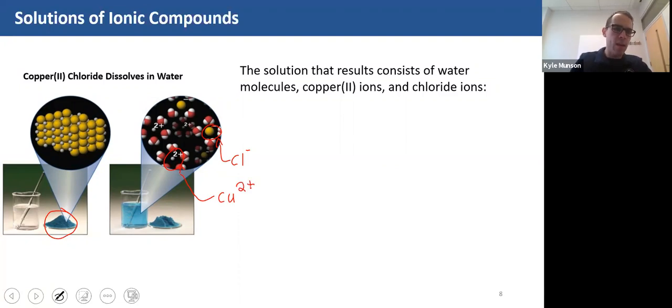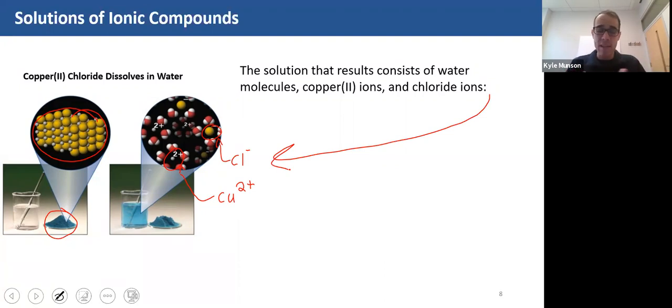So again, you start out with a salt or a compound like this, and those ions are taken away and completely surrounded by these water molecules. And so you get these isolated ions floating around in solution. So again, this is what we end up with in solution. And for a lot of these things, you get really cool looking colors.